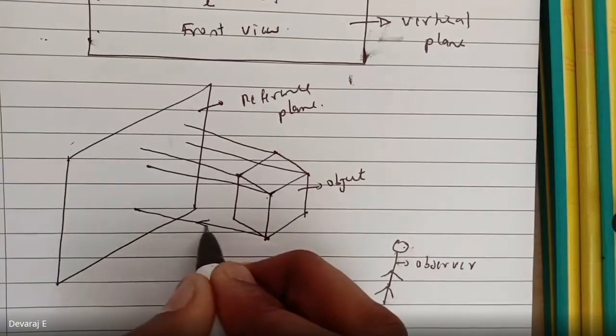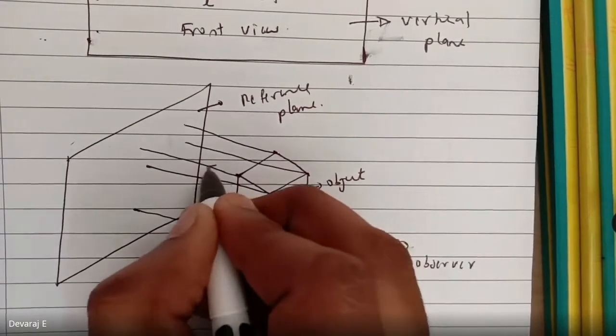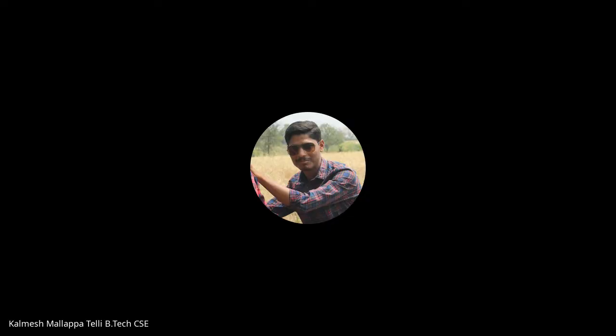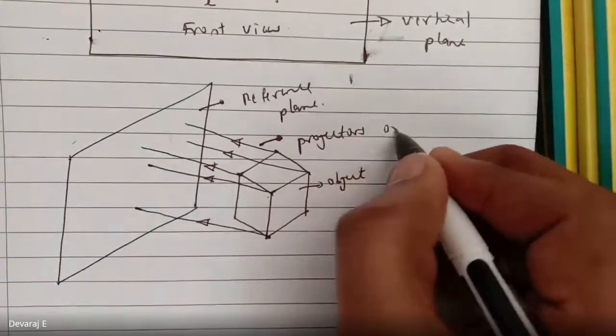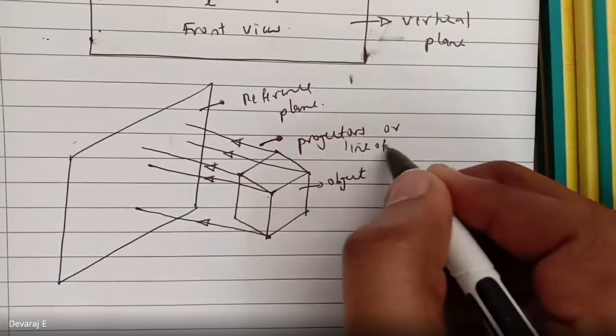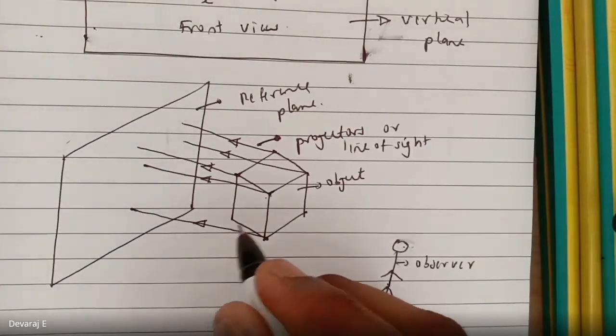These are called projectors, or line of sight.